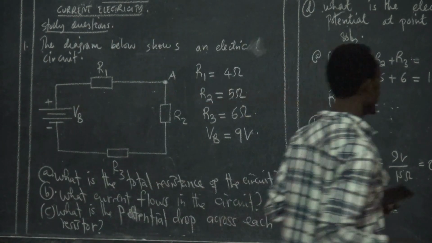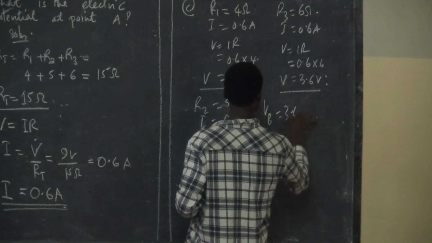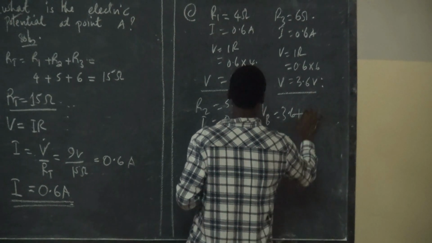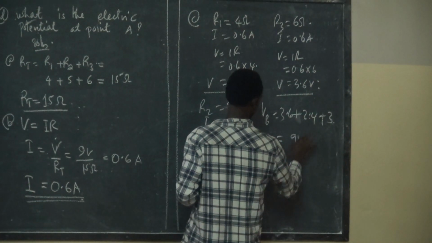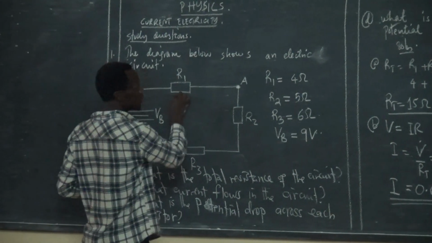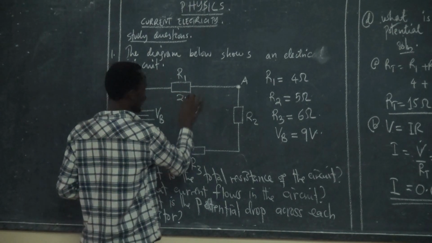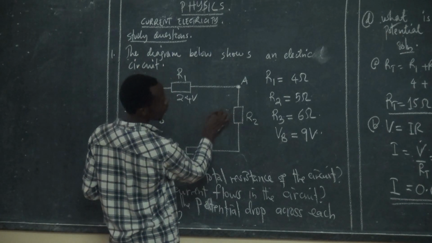When you take 3.6 plus 2.4 plus 3, it is equal to 9 volt. The voltage at R1 we have seen is equal to 2.4 volt. The voltage at R2 we have seen it is what?